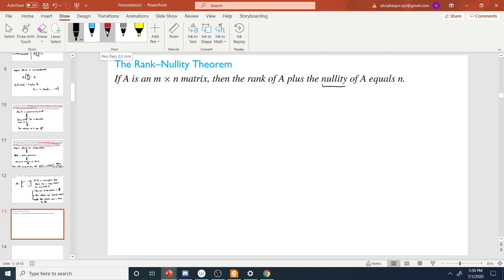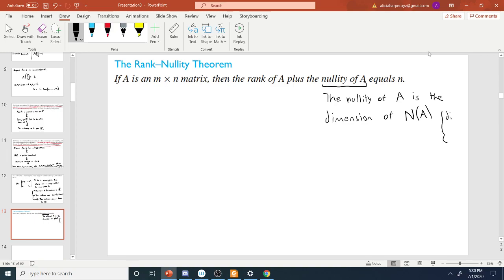And so let me say what the nullity of A is. The nullity of A is the dimension of NA, which is the null space associated to A, which I'll just recall right now.